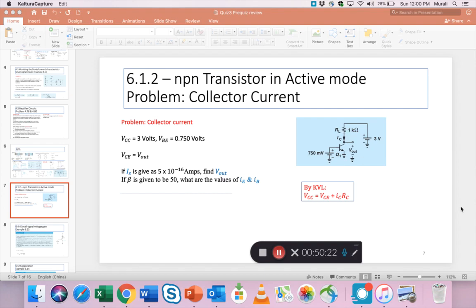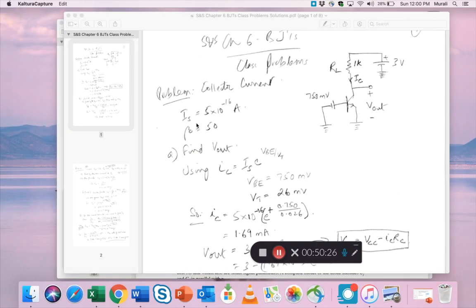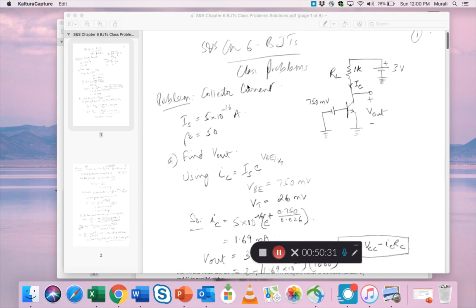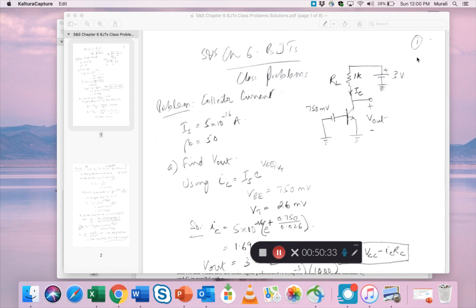Okay, let's see if I can find my notes. Yeah, this is BJT, we are still in BJT, and this is on page 1 of my BJT class problem solutions PDF file. Here I've drawn the circuit again, and I have listed IS and beta.